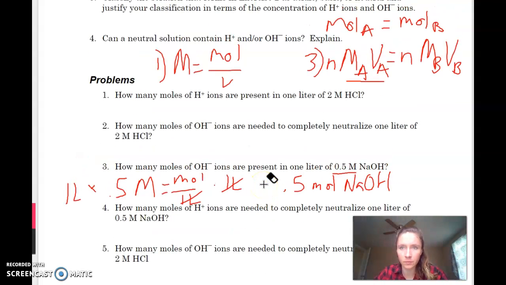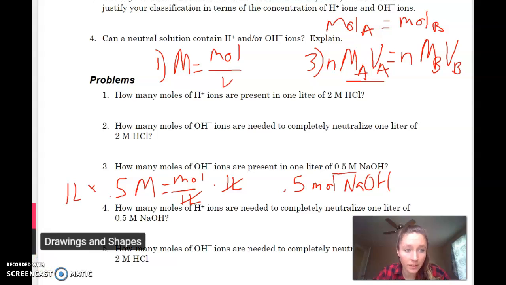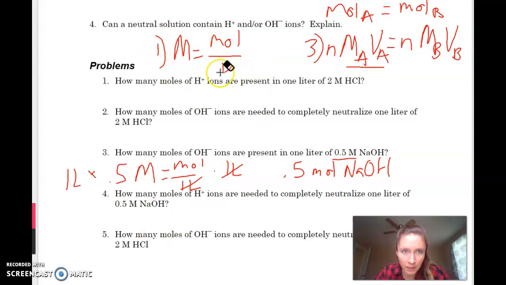So we can again go about this 2 different ways. I felt like after showing you guys it was easier to think about it first in terms of equation 1. They tell us that we have 1 liter of 0.5 molar sodium hydroxide. If I use equation 1 with that, oh, that's the same thing as what we just solved for in number 3. We already found out we have 0.50 moles of NaOH.